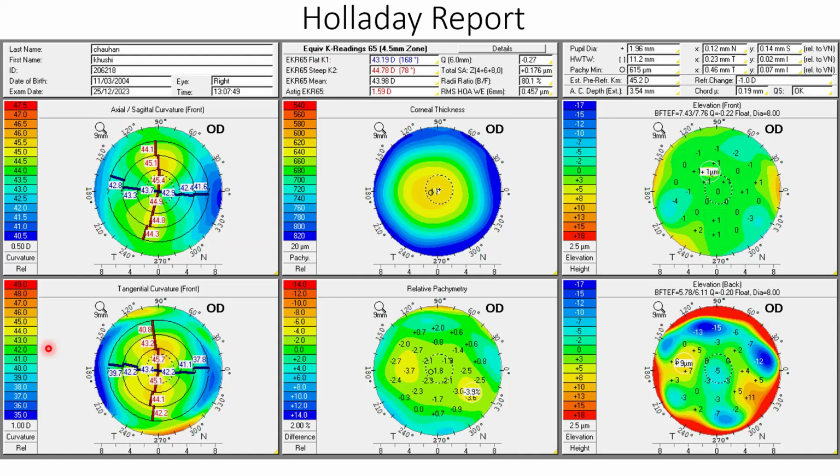But in tangential curvature, it will show up as 6 miles, which is a significant difference. So tangential maps are more sensitive, and hence tangential maps in the Holladay EKR are always graded in 1 diopter steps as opposed to an axial map, which is less sensitive. So it needs 0.5 diopter steps.